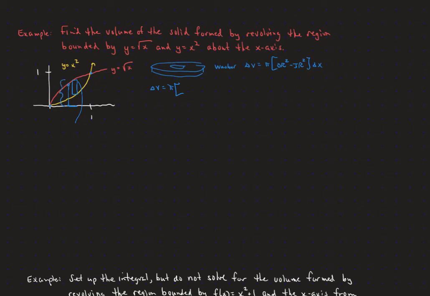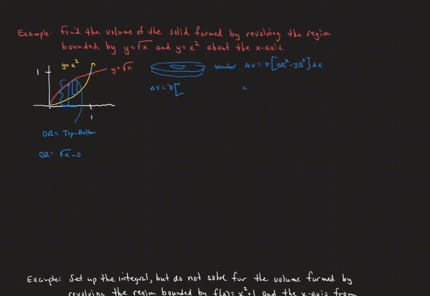Now that's a vertical rectangle, so that outer radius is going to be the top curve minus the bottom curve. So the top curve is the square root of x, and the bottom curve is y equals 0. So that's going to be our outer radius.